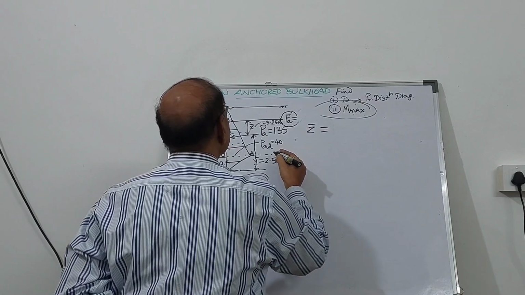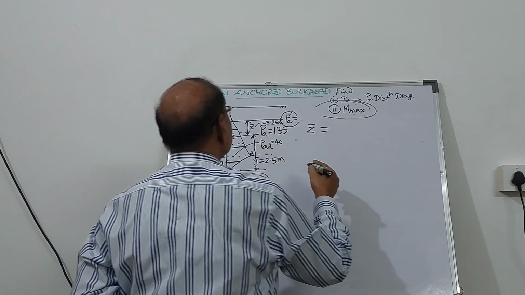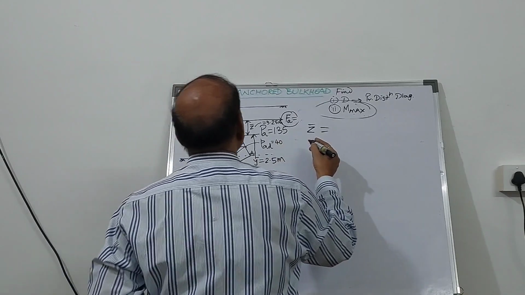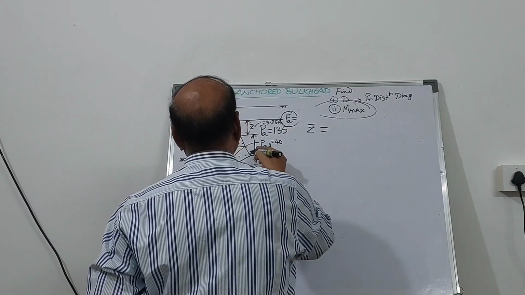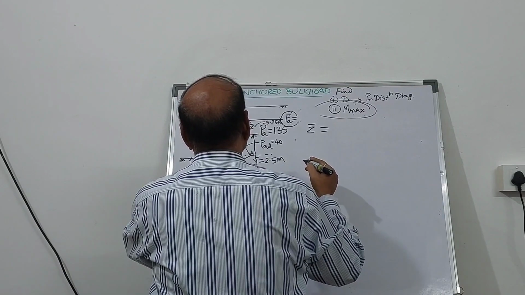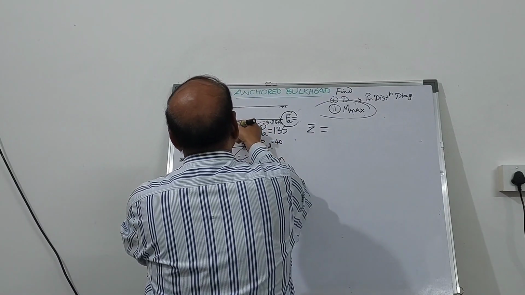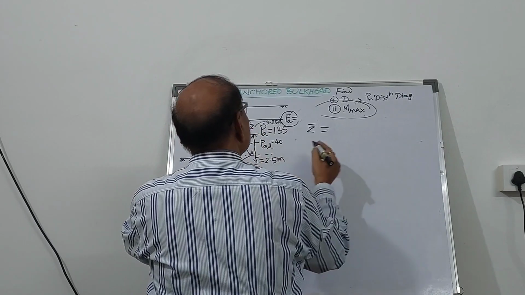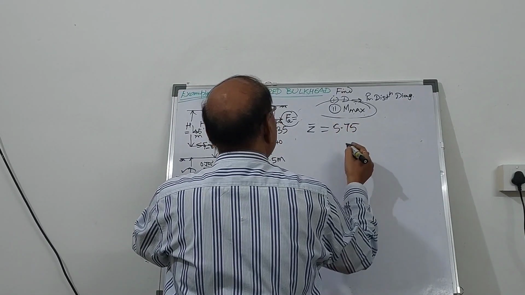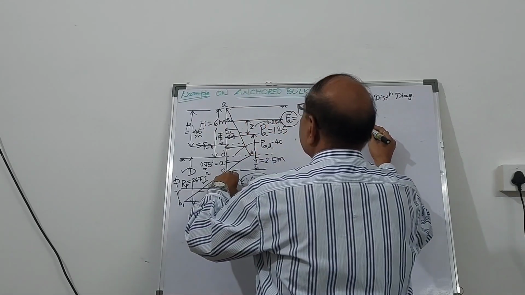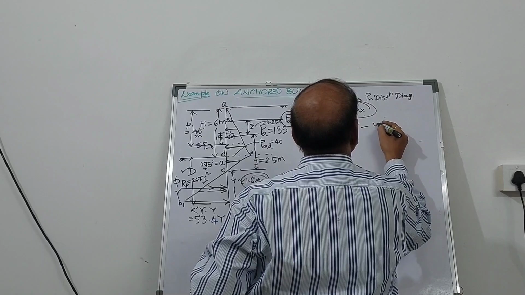So from here, it is going to be 5.75 up to the point C, minus y bar.